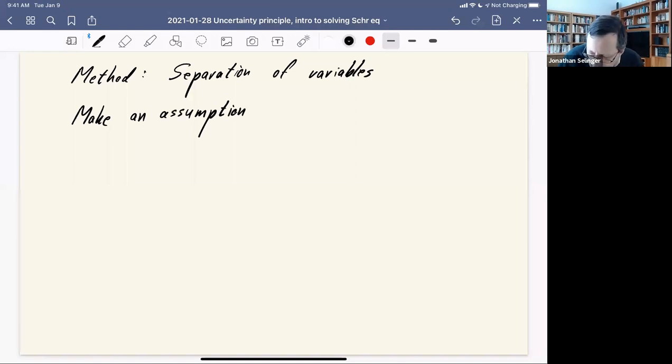Our assumption is that the wave function, as a function of x and t, factorizes into a function of x times a function of time. So we could write it as a psi of x times some function of time, like that.